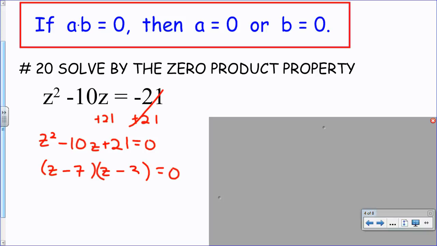Negative 7 and negative 3. Good. Okay, and then this is where zero product property comes in. You set each factor equal to 0. So z equals 7 or z equals 3.